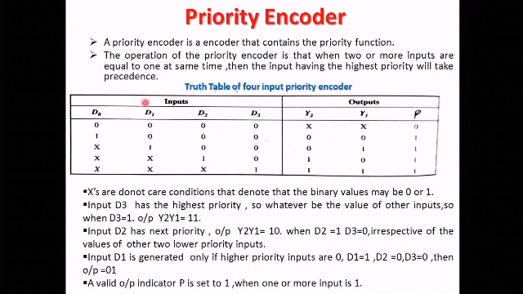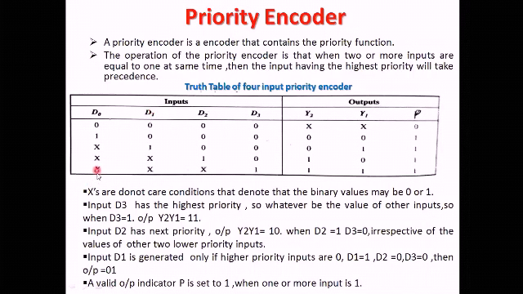Now, this is the truth table for a 4-input priority encoder. There are 4 inputs, D0, D1, D2 and D3, and there are 2 outputs, Y2 and Y1, and P is the priority function. Now let us look at how this truth table works.